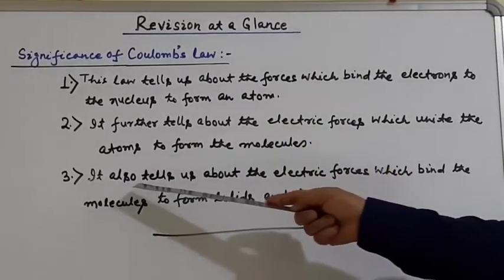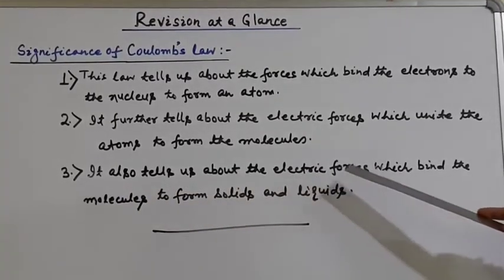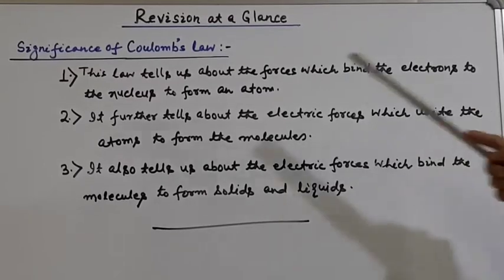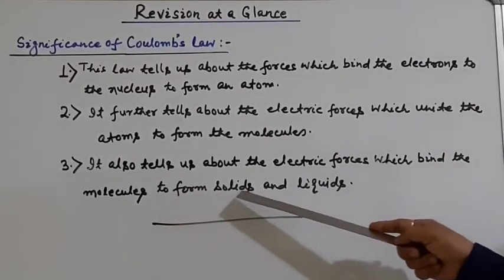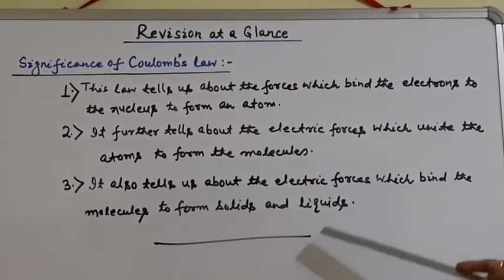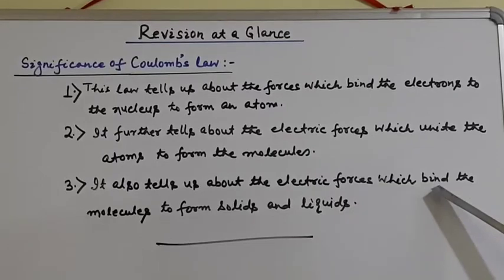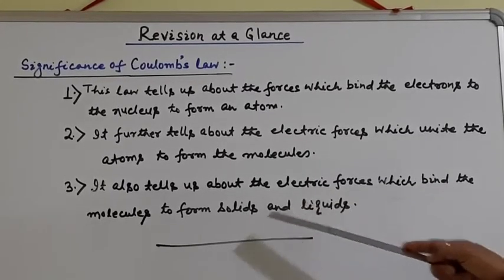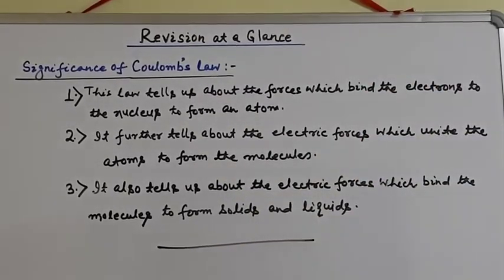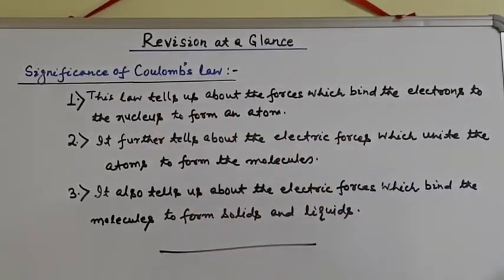And third point, it also tells us about the electric forces which bind the molecules to form solids and liquids. So in the formation of solids and liquids, the molecules are bound with the help of the electric force. So these are the 3 important points regarding the significance of Coulomb's law.